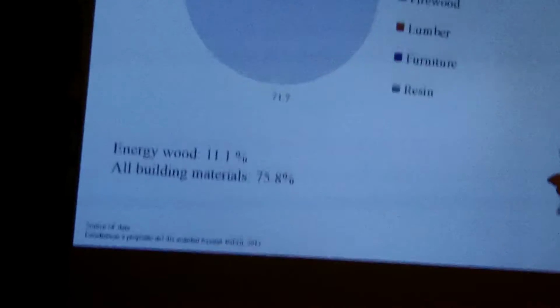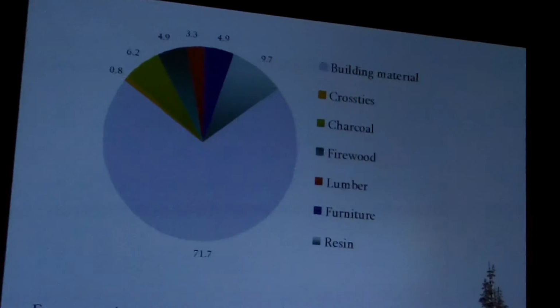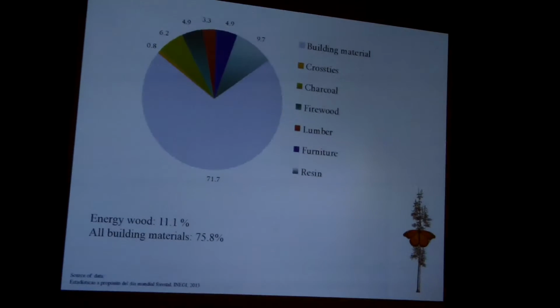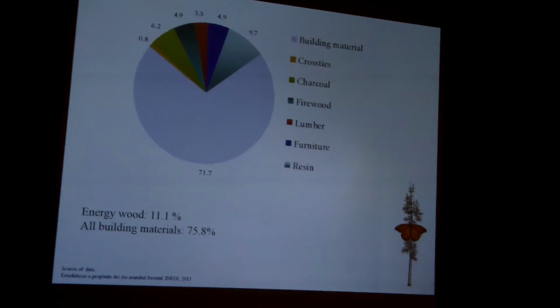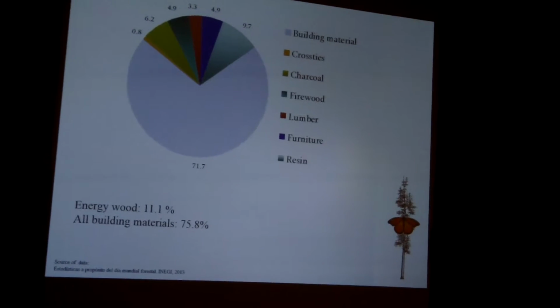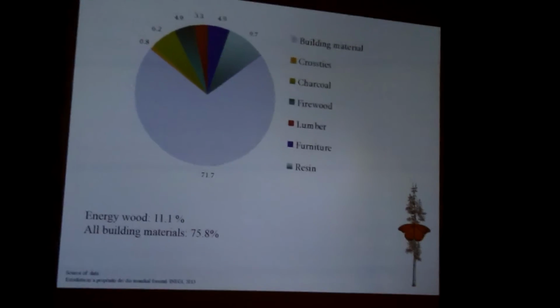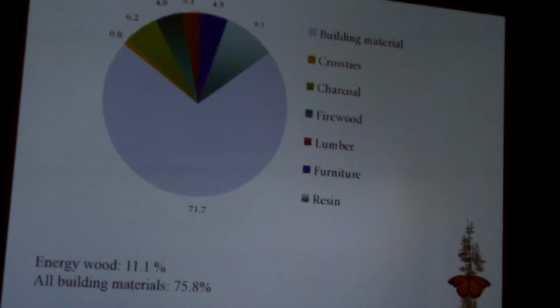Here in this graph, we are seeing how the wood is used, where the main sources are, and this is for the area where the monarch overwinters. And this is a report from 2013 as well. About 11% of the use of the wood is for energy.